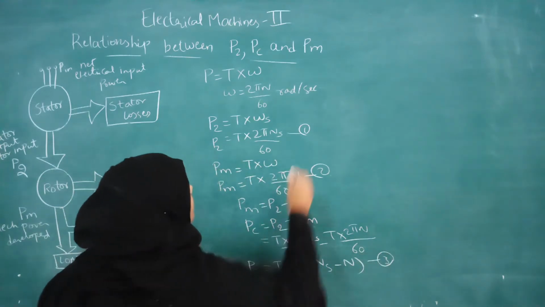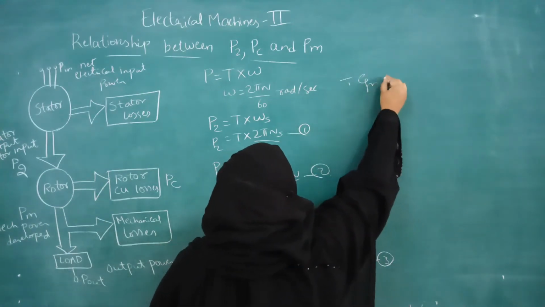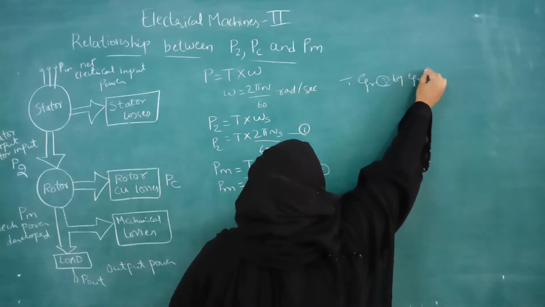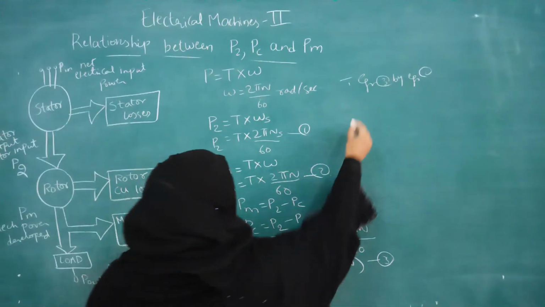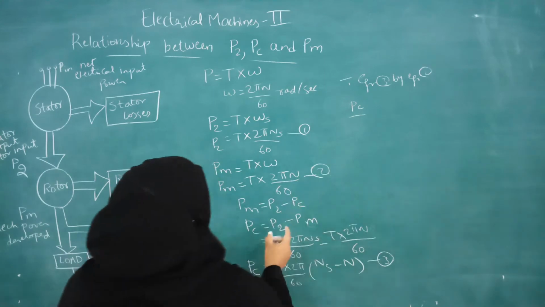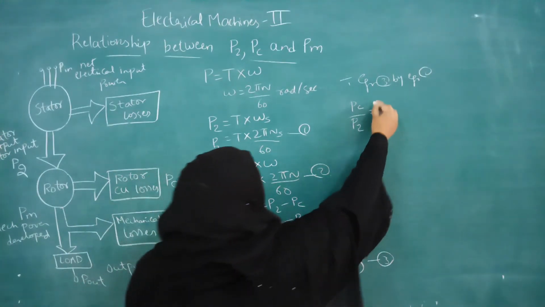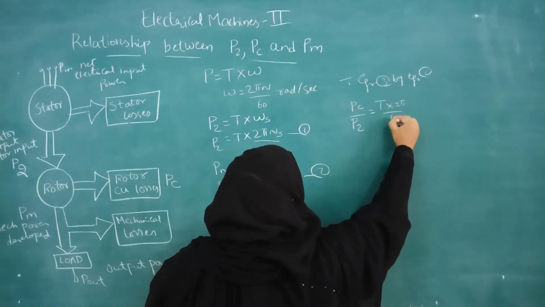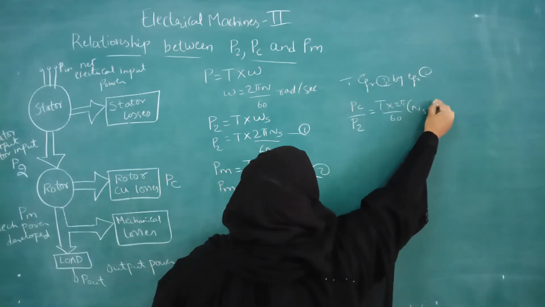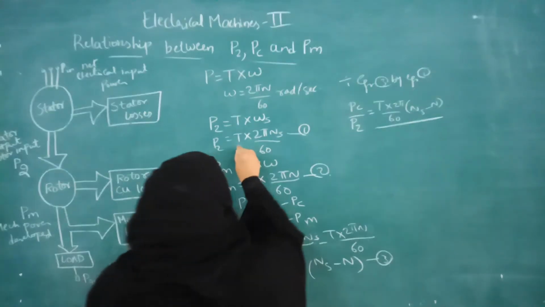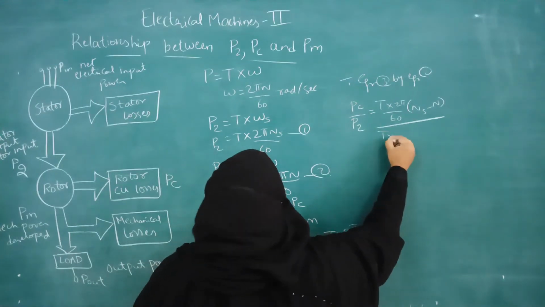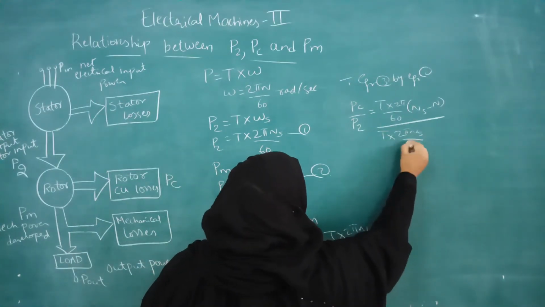Now divide equation 3 by equation 1. Third equation is PC, divided by equation 1 which is P2. PC by P2 is equal to T into 2 pi by 60 into Ns minus N, divided by T into 2 pi Ns by 60.